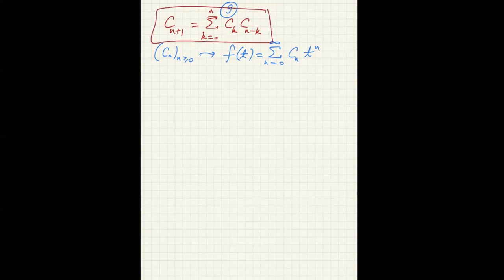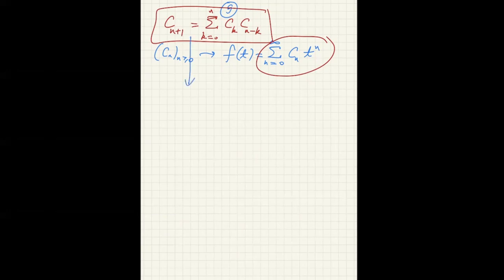Okay. So C(n plus 1) on the left is going to relate to this formula somehow. And then Ck times C(n minus k) kind of gives me an idea, since you've seen this type of summation in the product of formal power series. So here's what we're going to do. You can start from this relation for C(n plus 1).